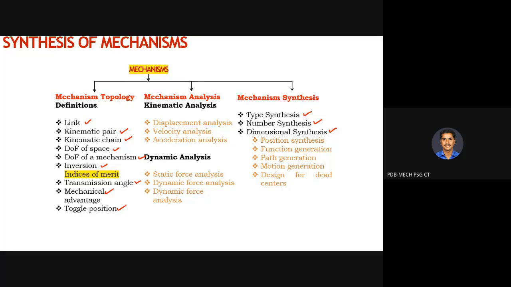In dimensional synthesis, we have five different classifications: position synthesis, function generation, path generation, motion generation, and design for dead centers. And in analysis, as we know, the three main types are displacement, velocity, and acceleration analysis, and we are going to concentrate on these in kinematics of machinery in this course.